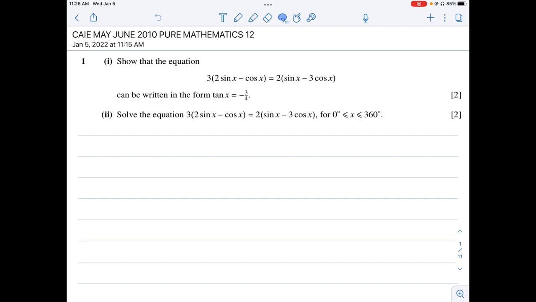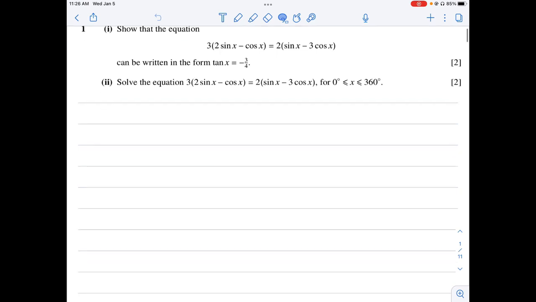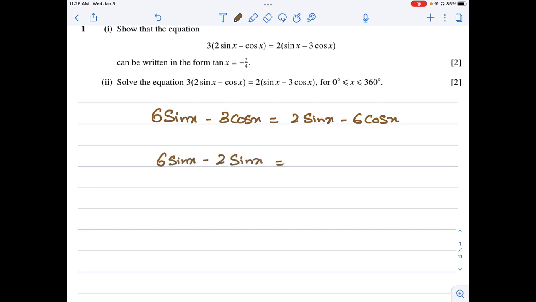So the first question says to show that this equation can be written in the form tan x is equal to minus 3 upon 4. So what am I going to do? Expand it. It becomes 6 sin x minus 3 cos x is equal to 2 sin x minus 6 cos x. So I bring all the sin x terms on one side. 6 sin x minus 2 sin x equals negative 6 cos x plus 3 cos x.